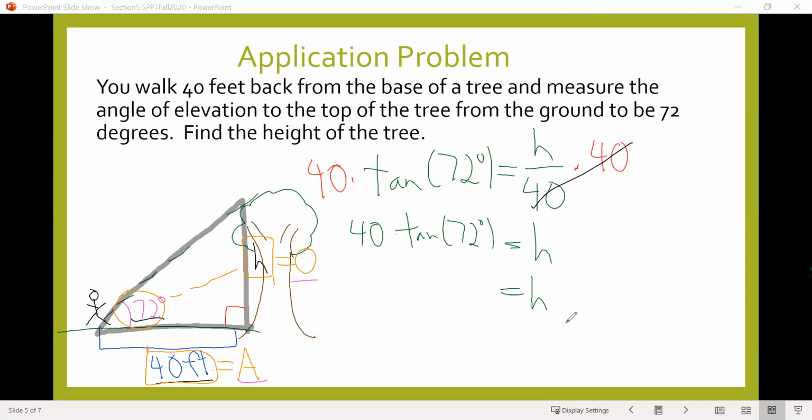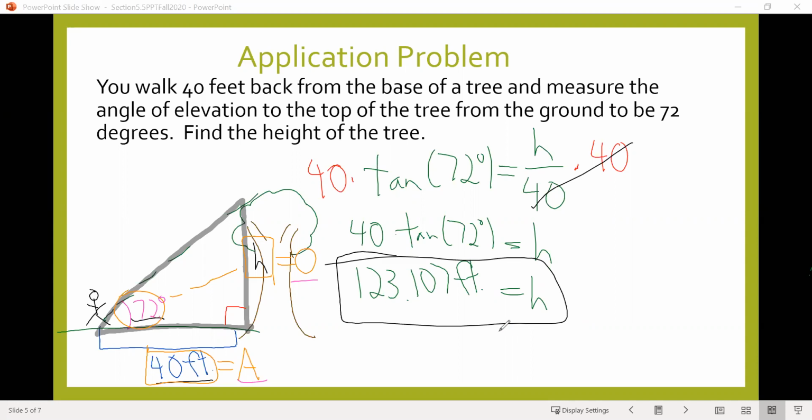And it looks like we get that the tree is 123.107 feet tall. Okay, so that's a nice application of right triangle trigonometry. And again, the key there is setting up a picture, some sort of diagram to help you see what's going on.